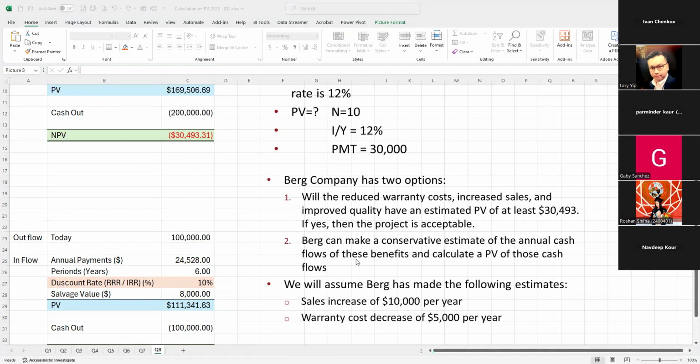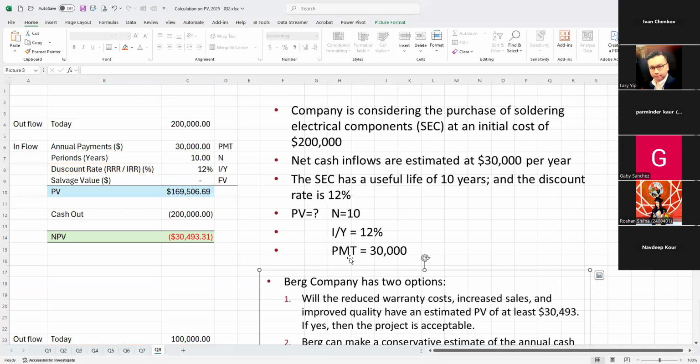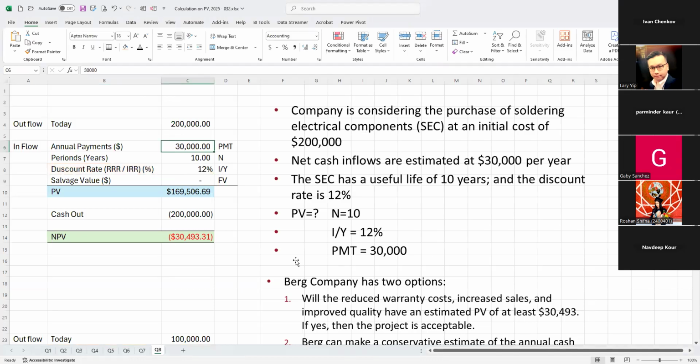Yes, sir. Yes, Professor. Now the question in this case is the 10,000 increase, annual cash flow. Initially we have 30,000, correct?